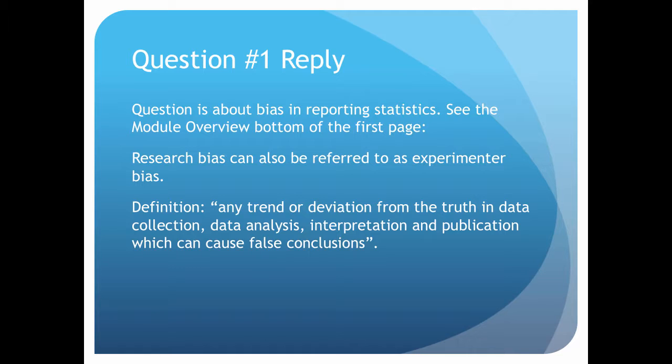If you see the module overview, Module 4 overview at the bottom of the first page, it tells you the answer to this discussion board. Okay, research bias can be referred to as experimenter bias. The definition is any trend or deviation from the truth in data collection, data analysis, interpretation, and publication, which can cause false conclusions.